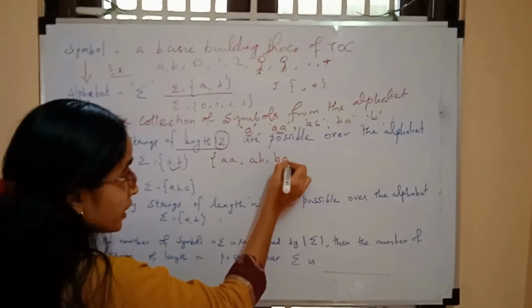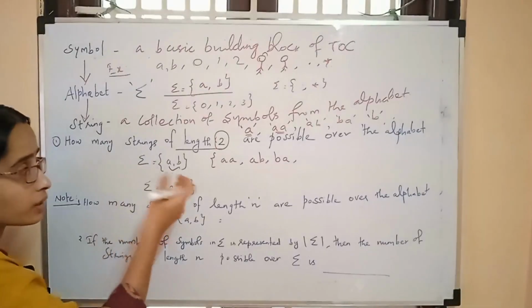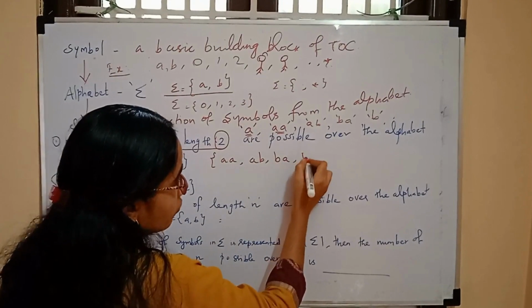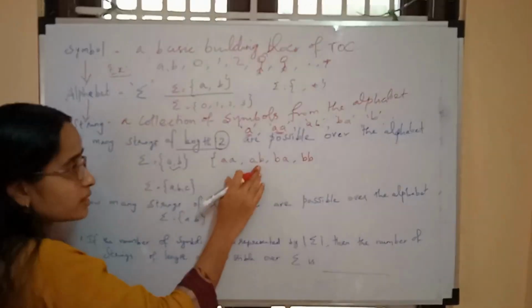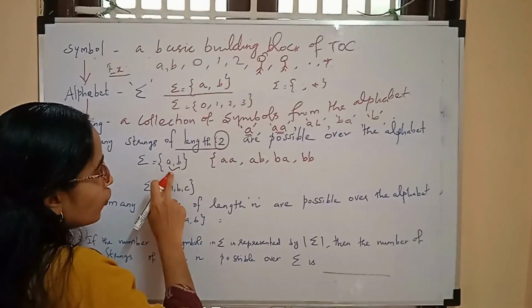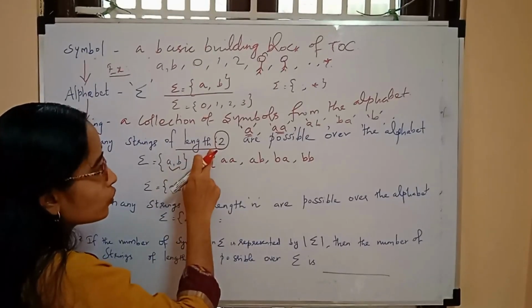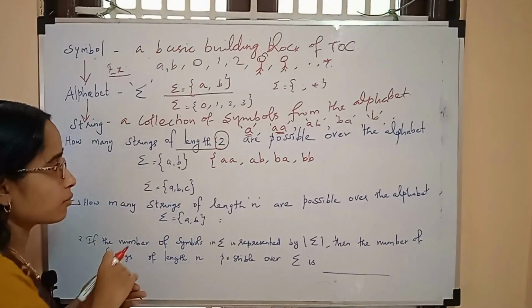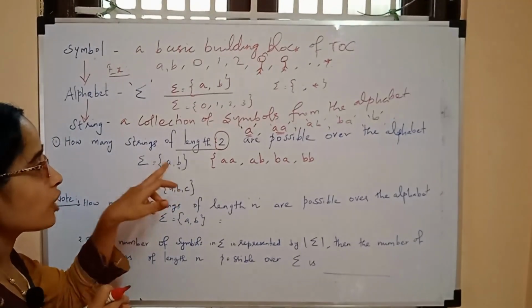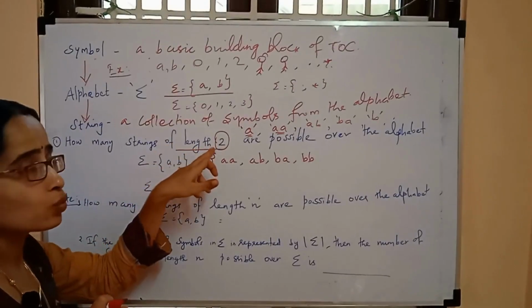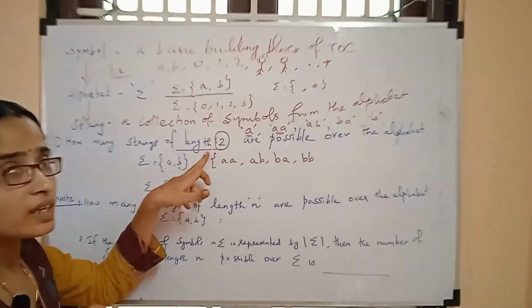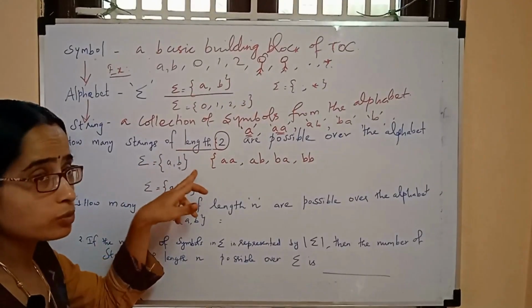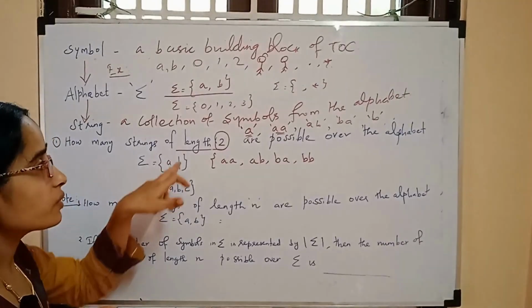Or I can have BA, in the reverse order, or even I can have BB. Other than these, can I form any other string of length 2? Just check it. You have only 2 elements in the alphabet set sigma, that is A comma B. We have to find out how many strings of length 2 are possible over the alphabet A comma B.